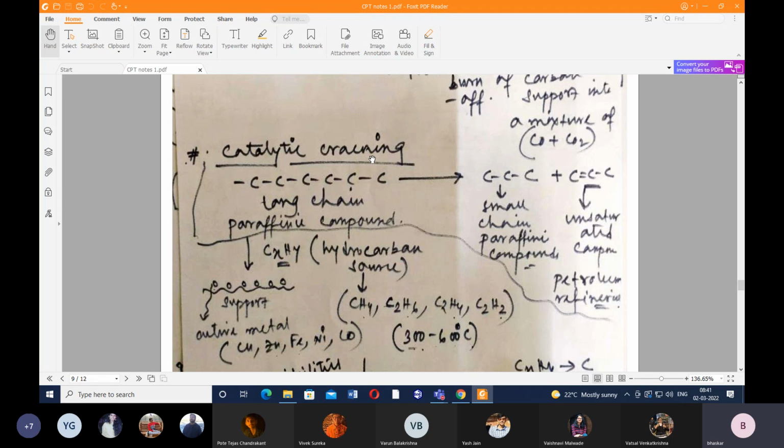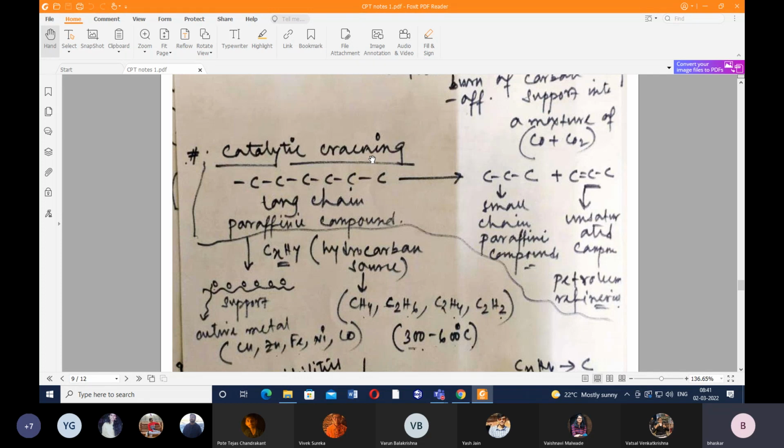Silica means SiO2, silicon dioxide, and alumina means Al2O3. These are the typical catalysts. However, these days we are using other types of catalysts also. I'll talk about those in detail while teaching you the catalytic cracking operation.